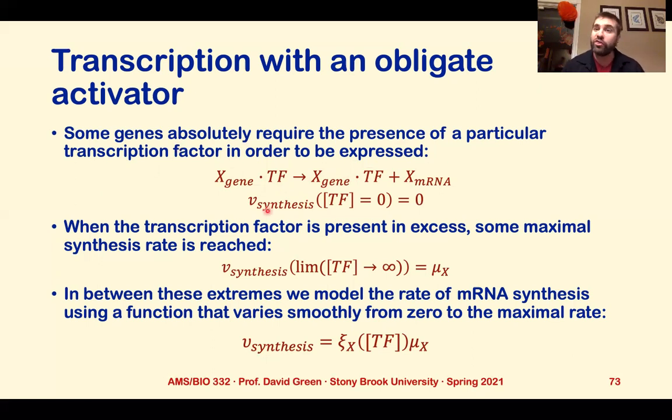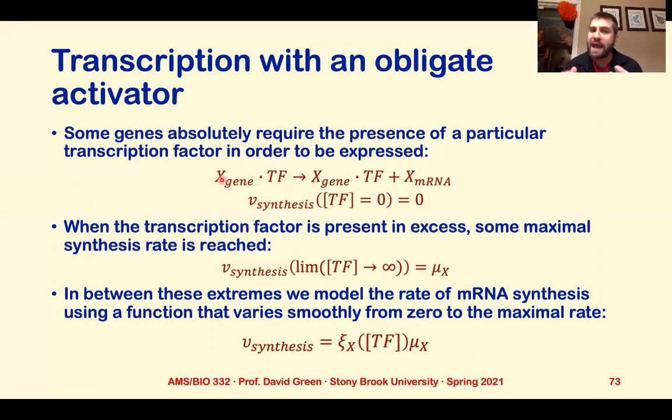Now, when we have a lot of transcription factor, remember the gene's a part of DNA. There's not an unlimited amount. When we have a large amount of the transcription factor, it will essentially always be stuck on the gene. We'll talk about this a little bit more in a moment.